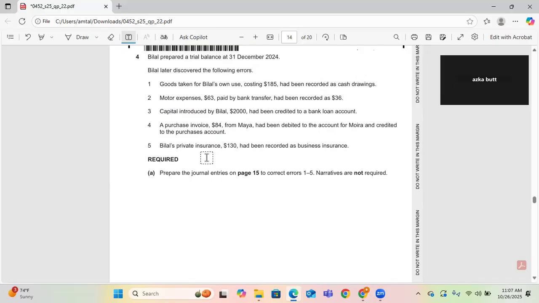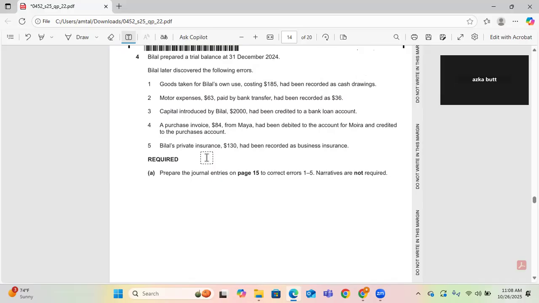We recorded this as business insurance, which means we increased the business expenses by debiting it. But what we should have done is debit drawings. What we did instead was debit the business insurance expense.